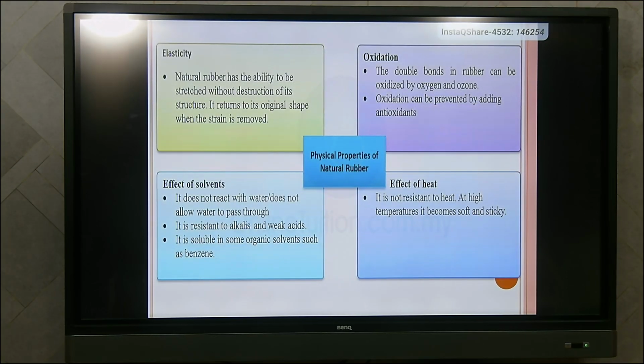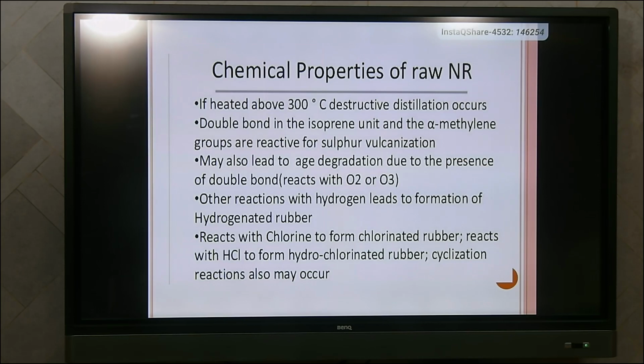It has good elastic property, and if it is heated, it can go to the desired shape, and if you wanted to make it revert to the exact position at the starting point, you can remove the heat. And coming to the oxidation property, it can be oxidized by oxygen and ozone. These are some chemical properties of natural rubber.